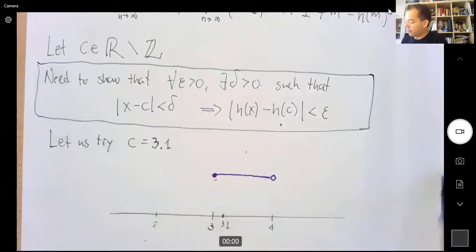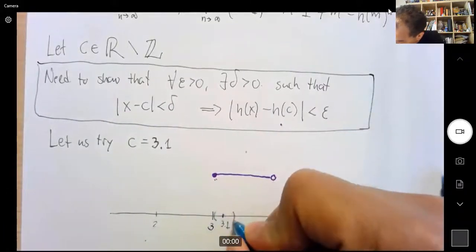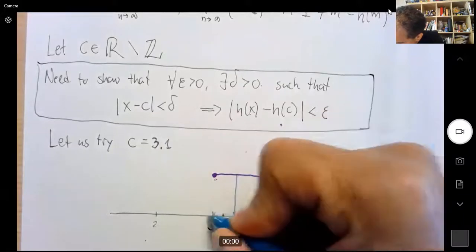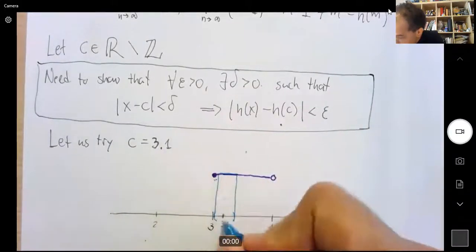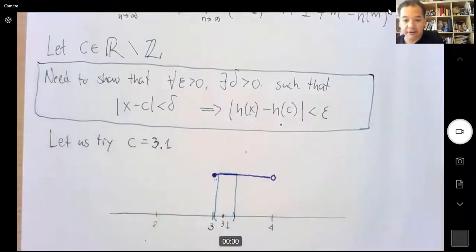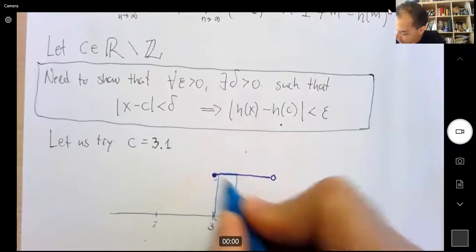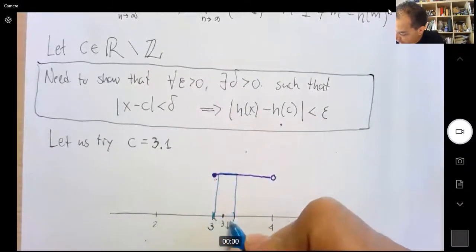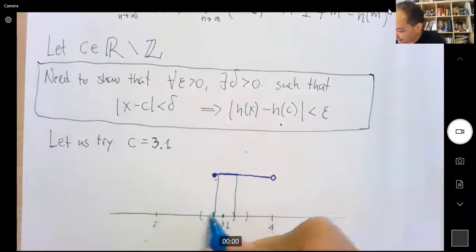Yes? So all I need to do, if you think about it, is pick as my delta something really small so that when I go up, my value is the same as the number 3, right? And what delta should I use? See, I don't want to go further away from 3, because if I pick something like this, then I'm going to get these points over here that are less than 3.